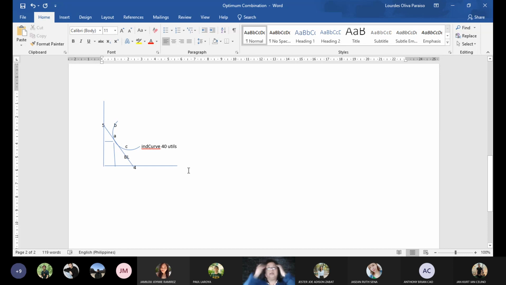The concept of indifference curve is that any point within the indifference curve will give you the same volume of satisfaction as the 40 utils, which is under the quantity of 5 and 4.